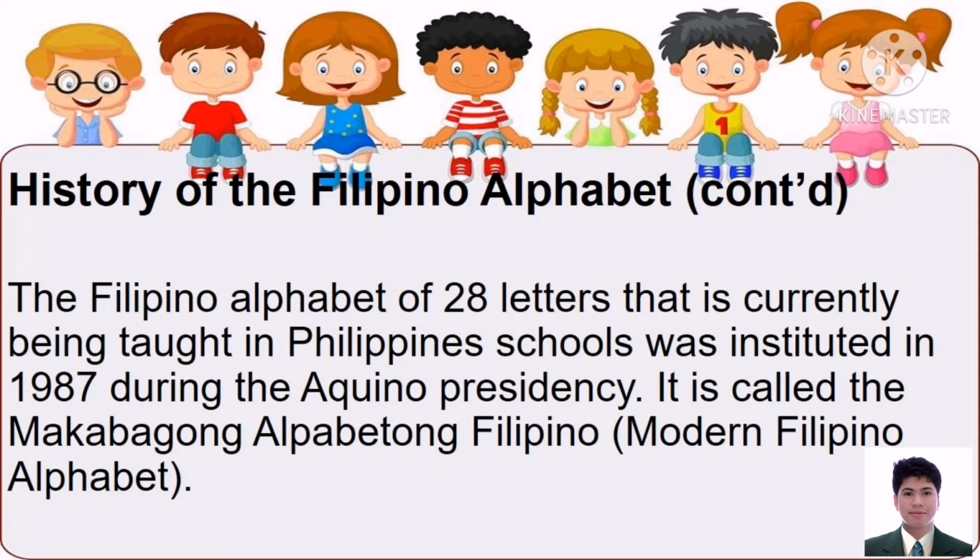Learners, the Filipino alphabet that is currently being taught in Philippine schools has 28 letters and was instituted in 1987 during the Aquino presidency. It is called the Makabagong Alpabetong Filipino, but in English, Modern Filipino Alphabet.